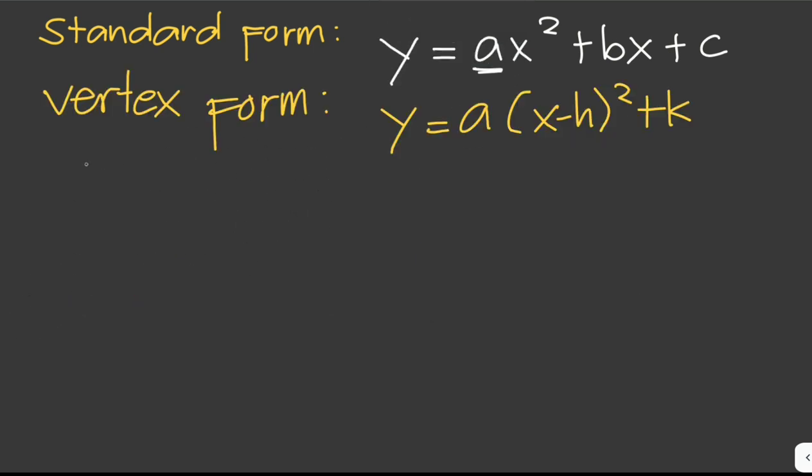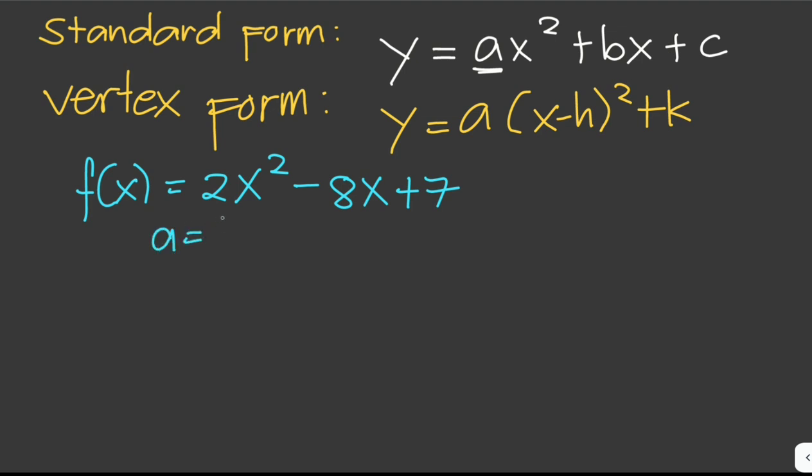Let's say we're given this quadratic equation: f of x equals 2x squared minus 8x plus 7. And let's convert this to its vertex form. So a here is equal to 2, and now we can find the vertex.